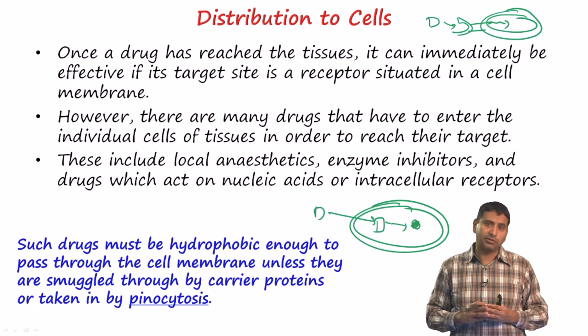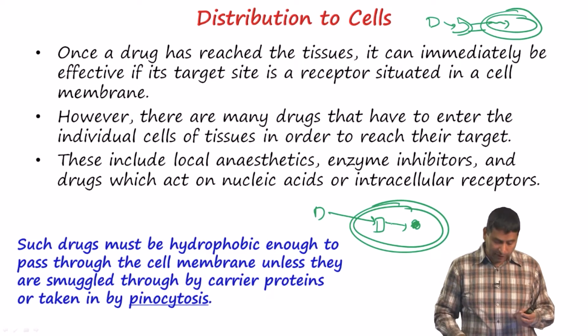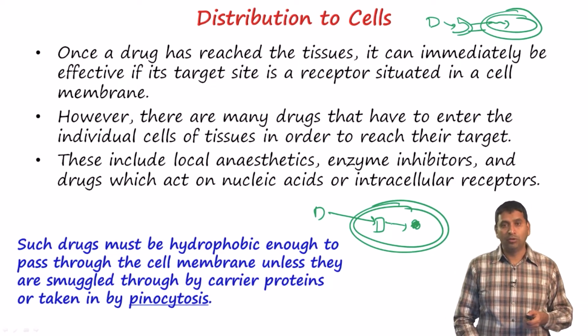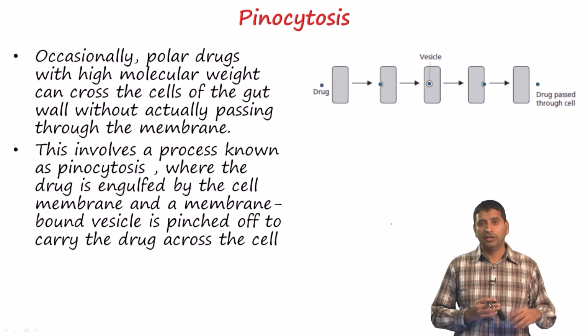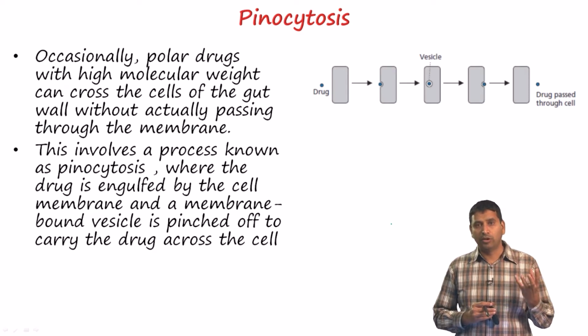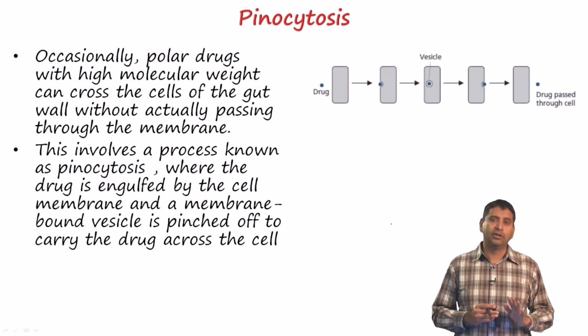The last way in which drugs are taken in is by a process known as pinocytosis. Let us now look at what pinocytosis is. Occasionally, polar groups with high molecular weight can cross the cells of the gut without actually passing through the membrane. This process is known as pinocytosis.